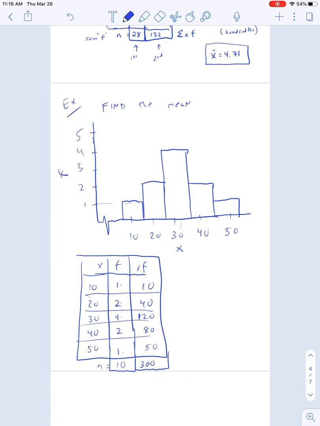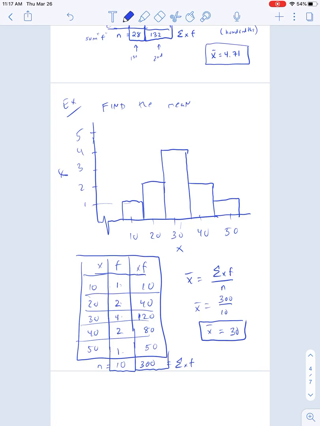We get 300. Remember, this refers to our lowercase n, and this refers to our sum of x times f. So our mean is found by doing the sum of x times f over n, which equals 300 over 10. So our mean here is just 30.